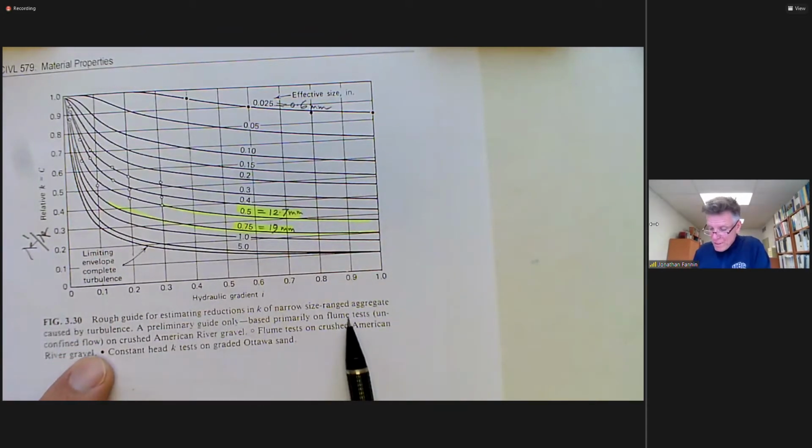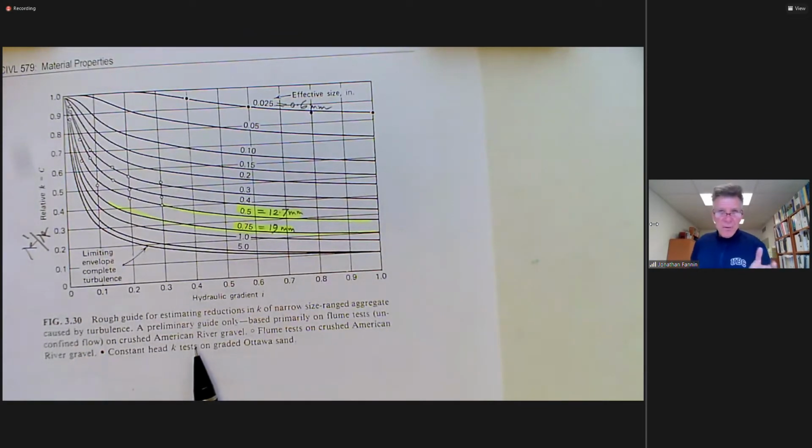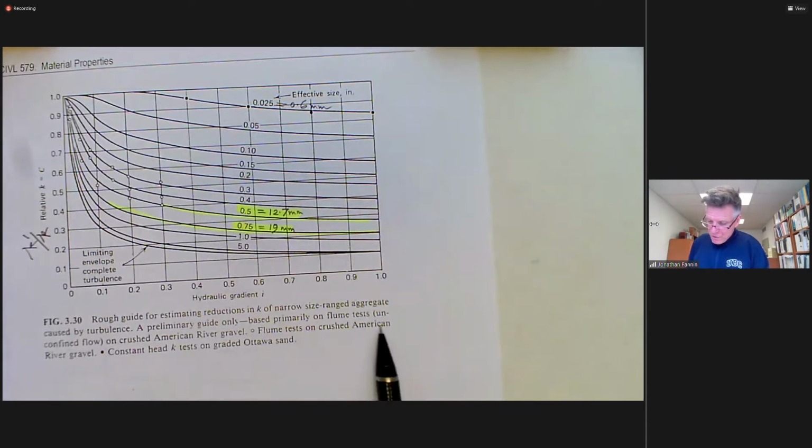It's from flume tests that Cedergren reported. I don't know where the original data come from, but they're reproduced in his textbook on various flume tests on crushed American river gravel, constant head tests on graded Ottawa sand. So we've got combinations of the gravels, it's flume testing on the gravels.